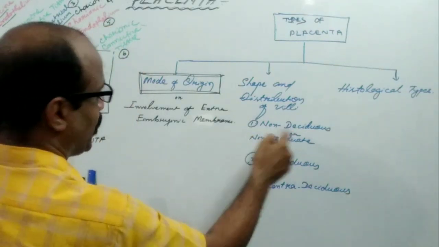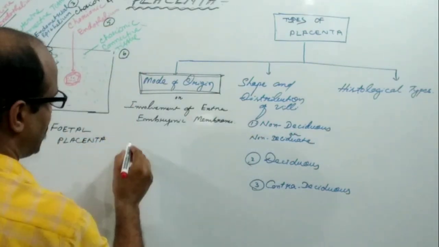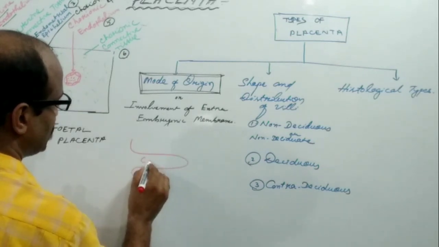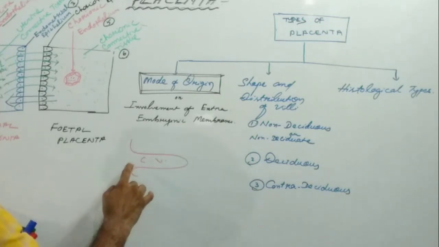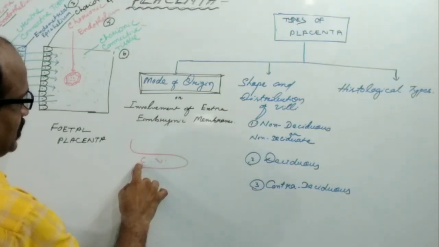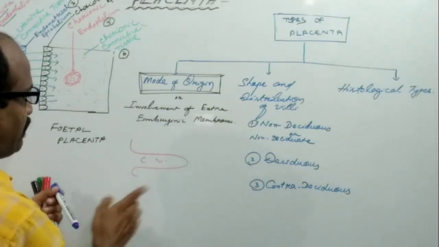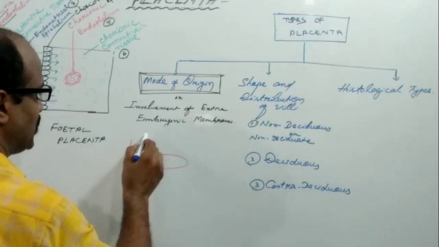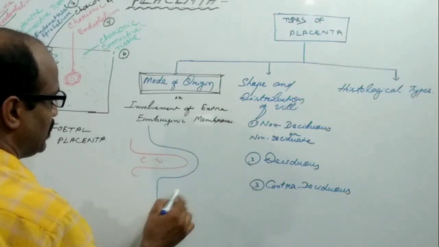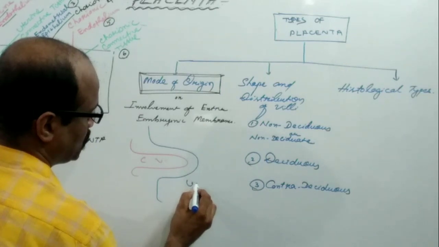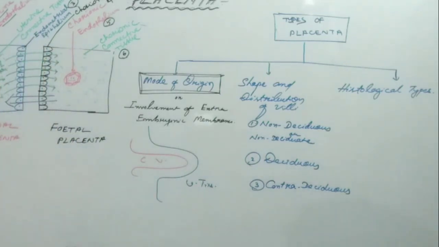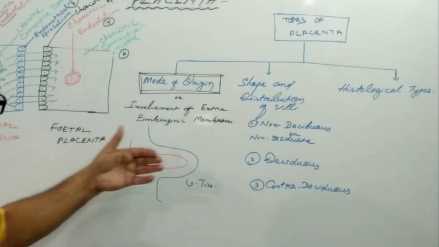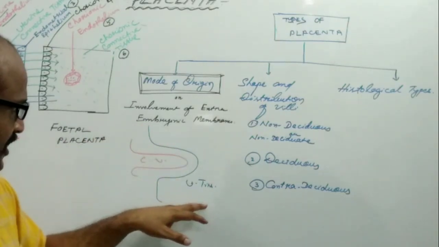In the case of non-deciduous, suppose that this is the chorionic villi. It does not form branches, so there is no branching of the chorionic villi. It penetrates into the uterine tissue. That's why at the time of delivery, such chorionic villi easily withdraw from the uterine tissue.